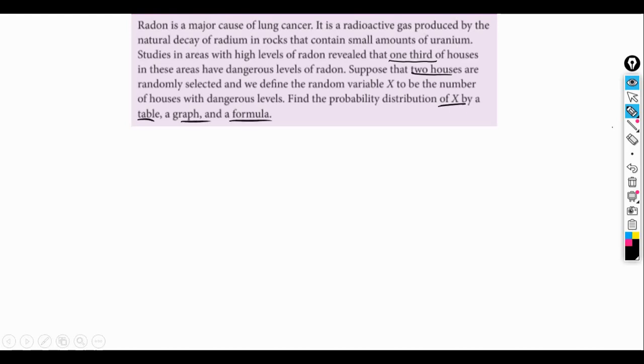Notice that here they're telling us the possible values of x are 0 houses, 1 house, or 2 houses having high levels of radon. Also, they told us that the probability of a house containing high levels of radon is 1/3, because 1/3 of the houses have the high levels. So what is the probability of x equals 2?